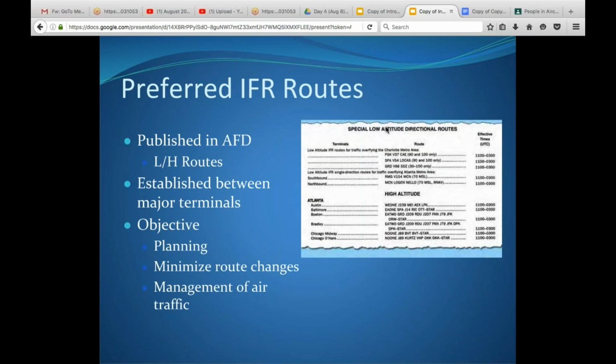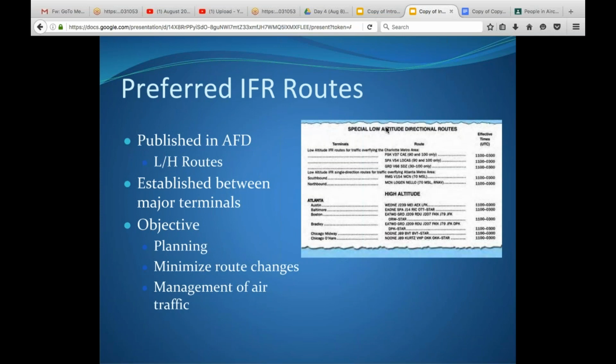So when they have those preferred routes, that's what air traffic control is saying: hey, make our life easier, and this is what we want you to file if you're flying from San Francisco to LA, or LA to San Diego, things like that. They'll publish exactly what they want to see when you submit your route to air traffic control.